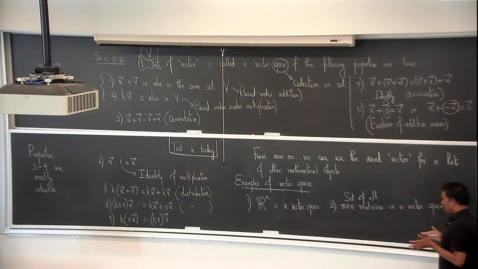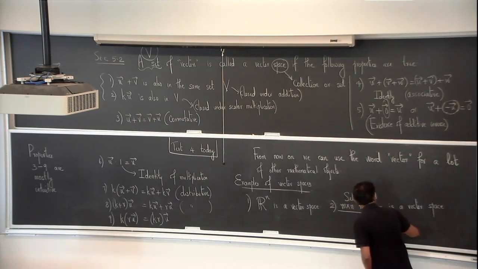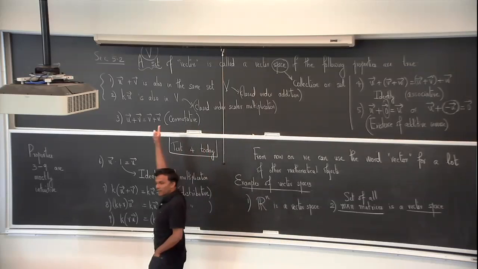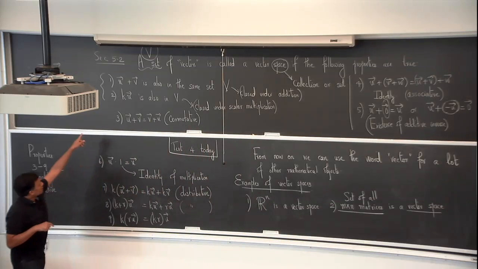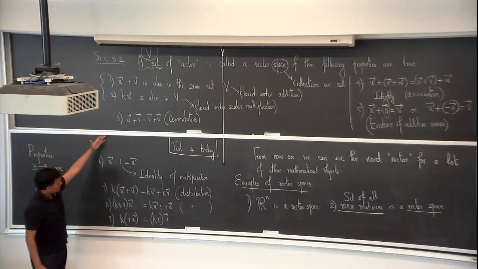Okay, you would never imagine a matrix as a vector because matrix is a collection of numbers. You wouldn't think about a matrix having a direction as such, right? When you say the set of all m by n matrices is a vector space, that means you add two matrices, you get another matrix of the same size. Okay? You multiply a scalar with a matrix, you get a matrix of the same size. And all these properties are true there.